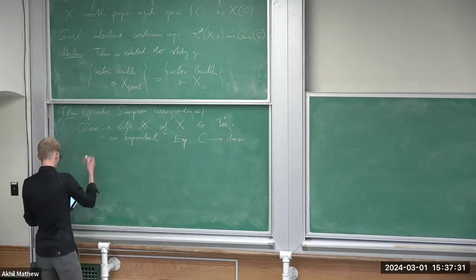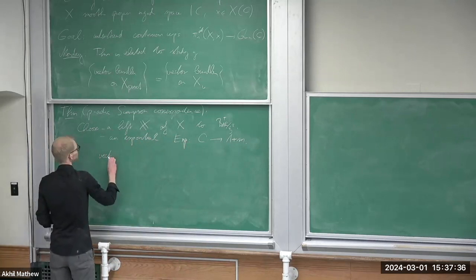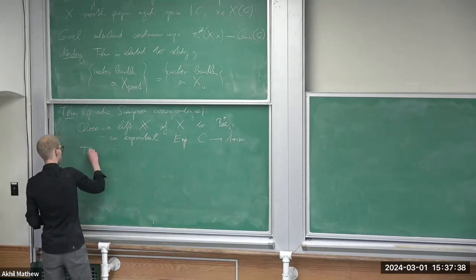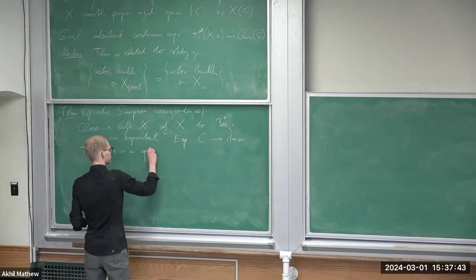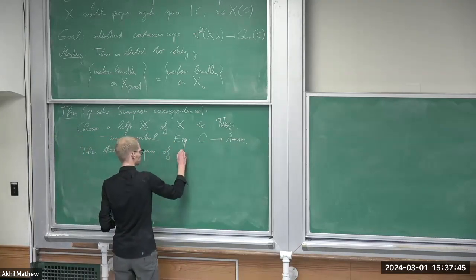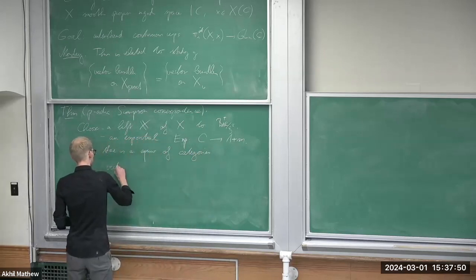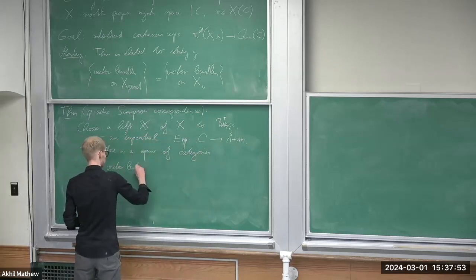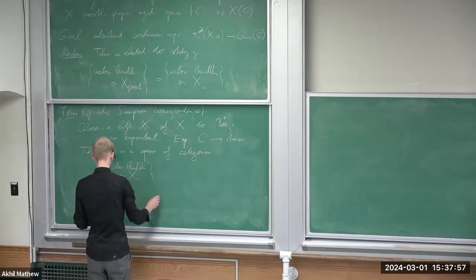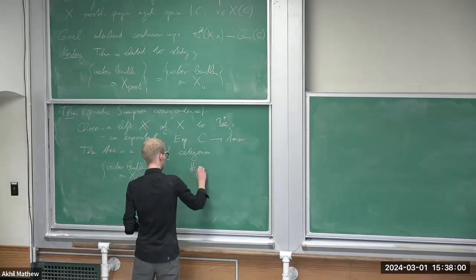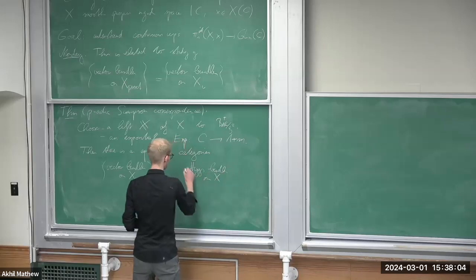Okay, and the statement is then that these choices induce an equivalence of categories on the v-topology side and the category of Higgs bundles.